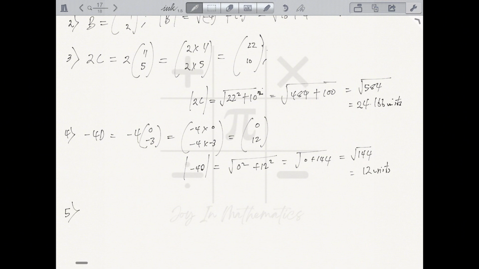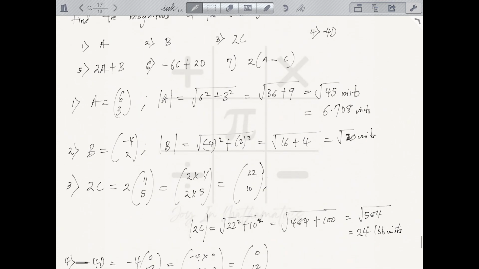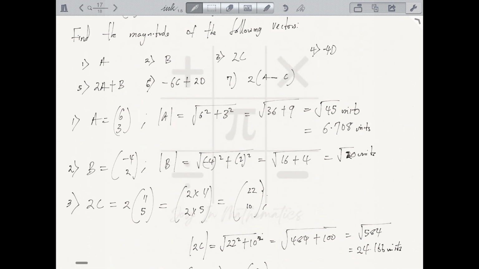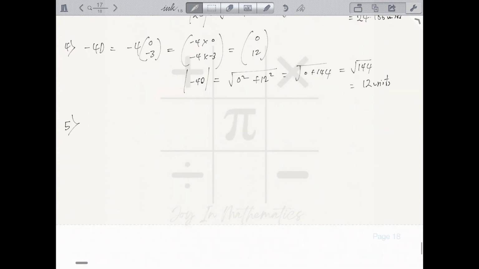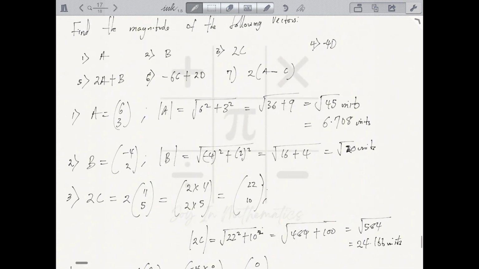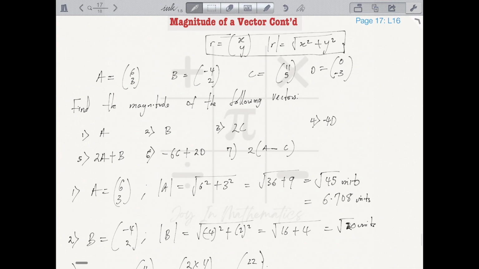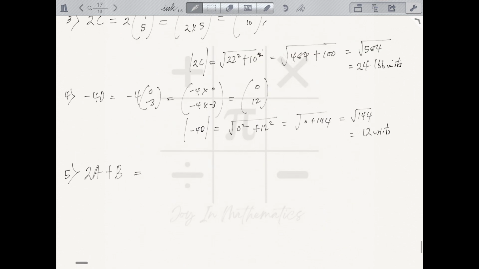Moving on, let's evaluate question 5. Question 5 says we should evaluate the magnitude of 2a plus b. Now, what is our a, what is our b? Our a is (6, 3), and our b is (-4, 2).